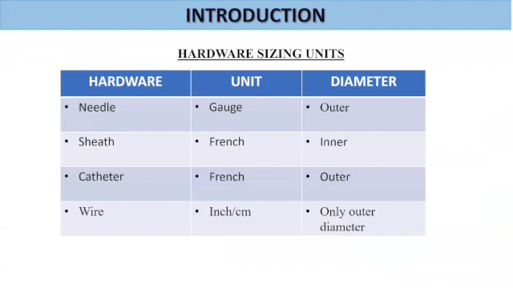A 21 gauge needle is thinner than an 18 gauge needle. For sheaths we always talk about the inner diameter, and for catheters we always talk about the outer diameter. Why? Because a catheter has to go inside a sheath.